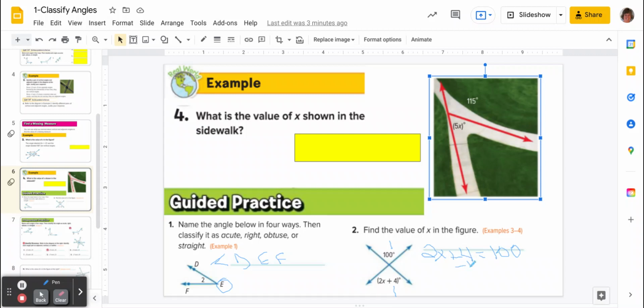And I'm going to subtract 4 on both sides, and so I end up with 2x equals 96. And that means I divide both sides by 2, and x will equal 48. So the value of x in the picture is 48 degrees.